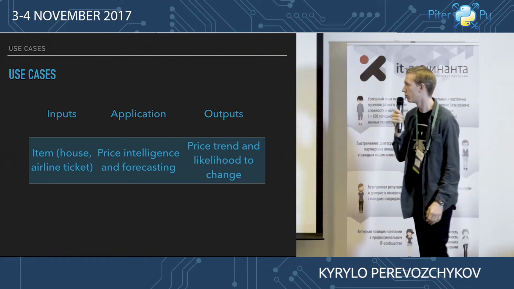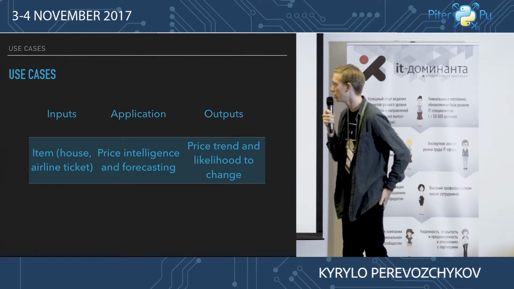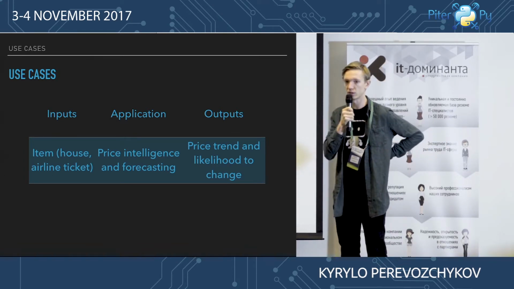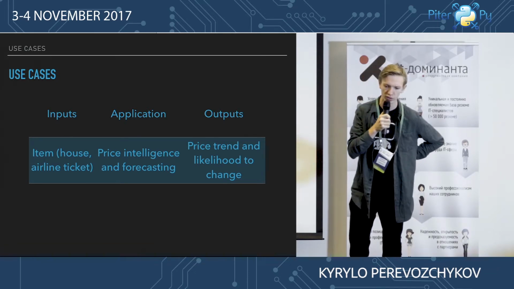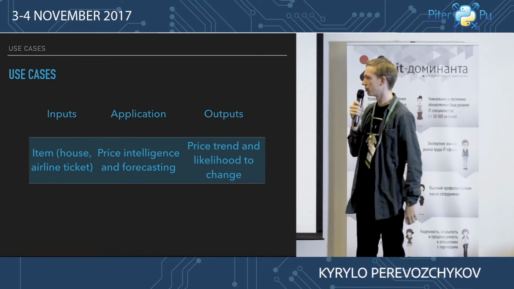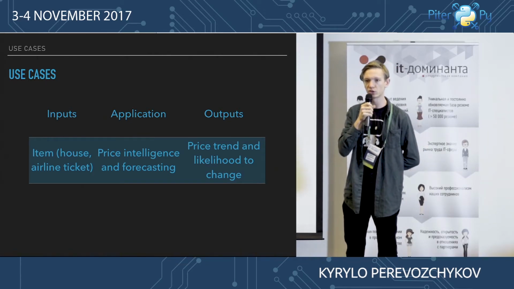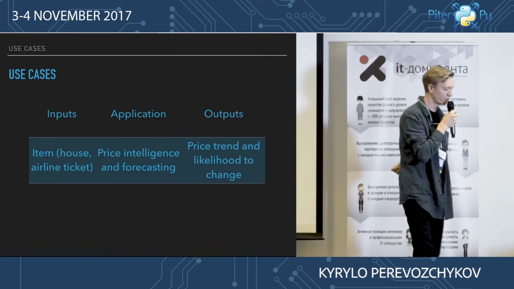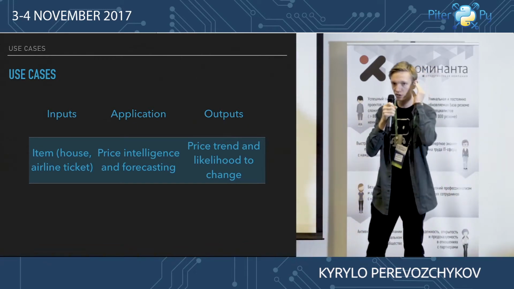The second case is more or less clear too. It is predictions, not even predictions. I don't like the word predictions, forecasts, I would rather say. It is price forecasting. It's the simplest way to explain to your grandmother what you do for a living. This is my favorite point.